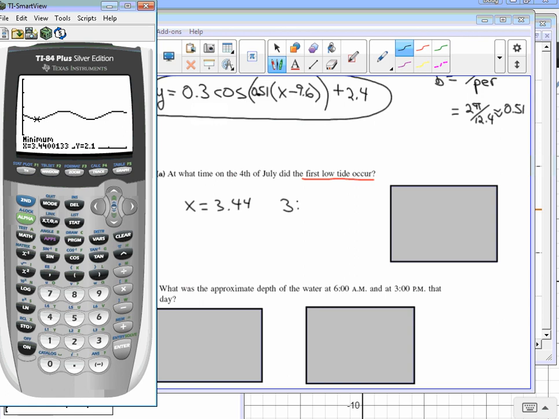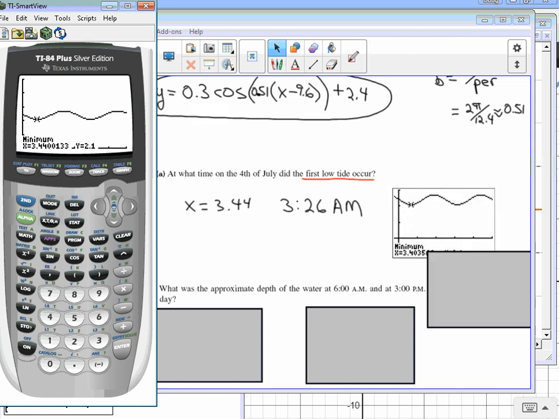Put it in the calculator. 0.44 times 60, because it's 44 hundredths of 60. 26.4. Okay, 3:26 a.m. It's really 3:26.4 a.m., but 3:26 a.m. That's when our first low tide occurred.